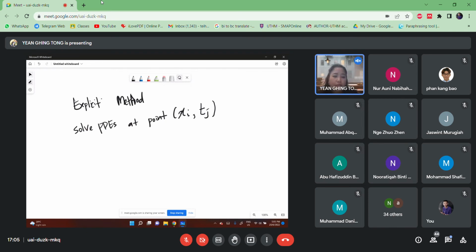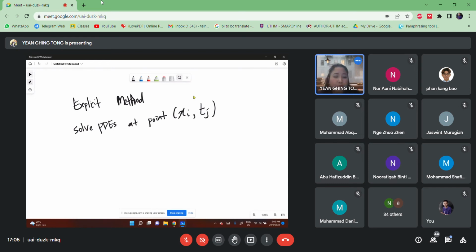So the heat equation's formula is like this. That means we will have the second partial of u with respect to x, and the first partial del u with respect to del t.